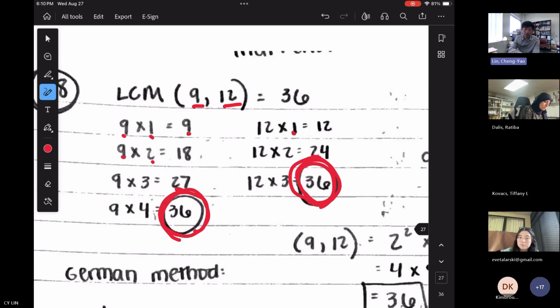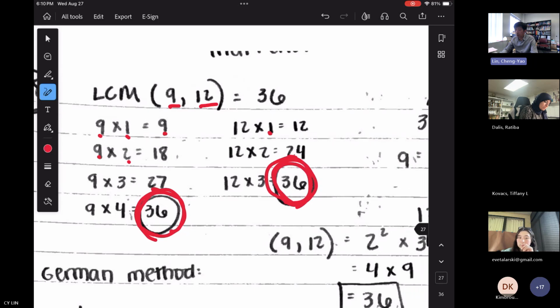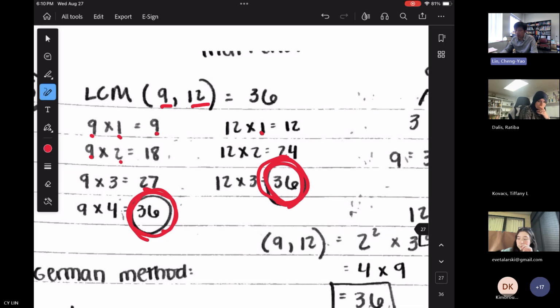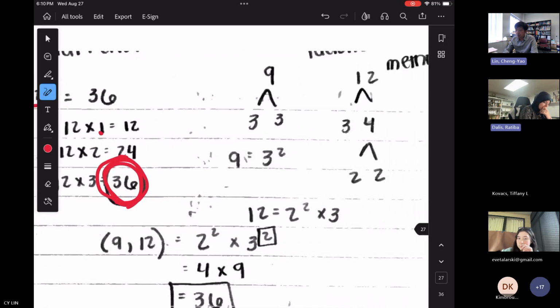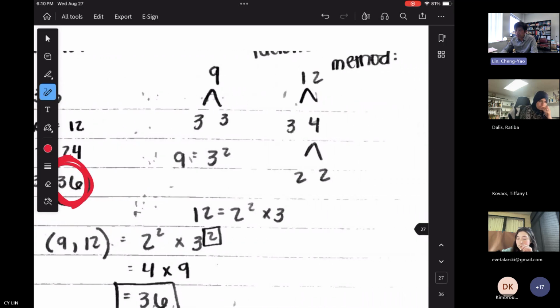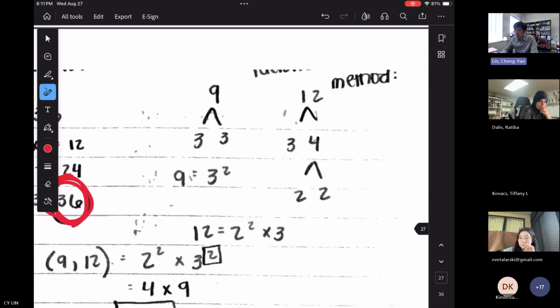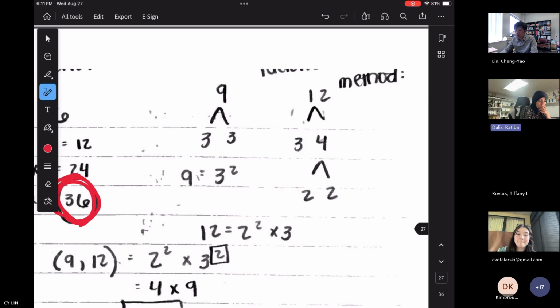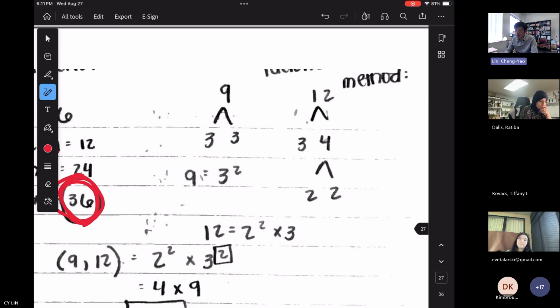This is good for small numbers. We can do it this way. What about most classrooms in the U.S.? They use what is called the prime factorization method, which means we need to find all the primes.